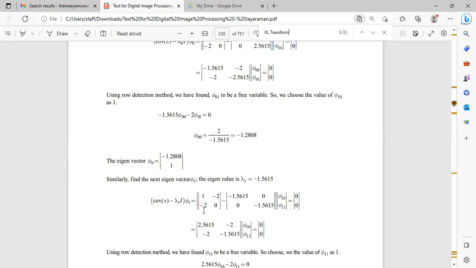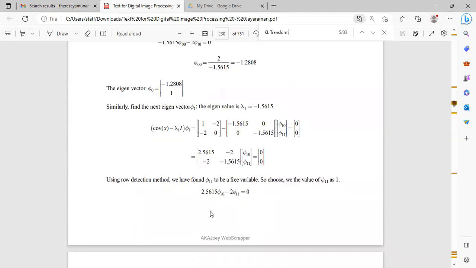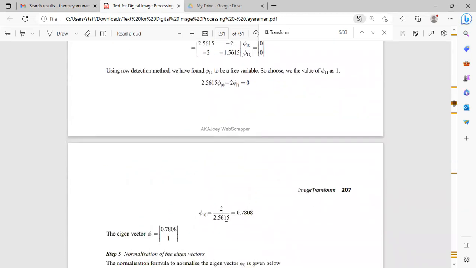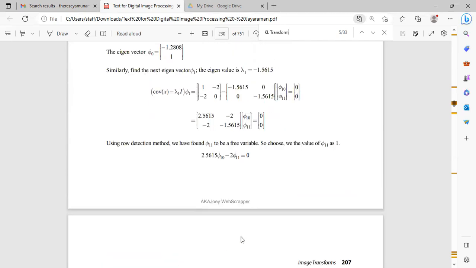So follow the same procedure you followed for finding out phi naught. Split this vector into two, phi 1 0 and phi 1 1. Find out the value of phi 1 0. So the eigenvector phi 1 will be 0.7808 and 1. Follow the same procedure you followed for finding out phi naught. Okay.